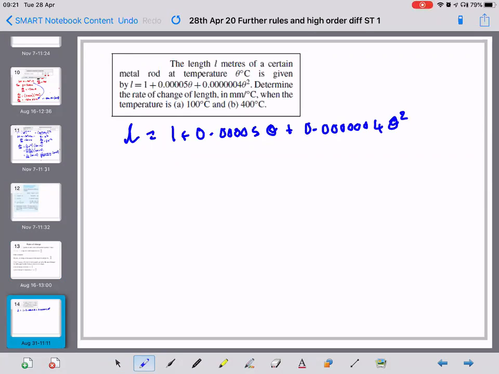It says determine the rate of change. So we're looking for dL by d theta.